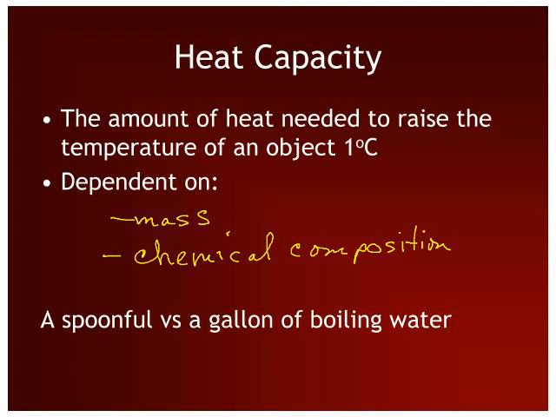Well, most people would say a spoonful of boiling water because it has a smaller heat capacity than a gallon. So a smaller heat capacity for a spoonful of boiling water as opposed to a gallon of boiling water. So you can see it's mass dependent there.